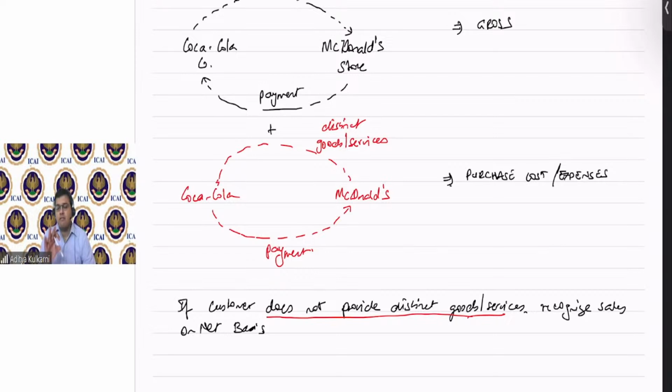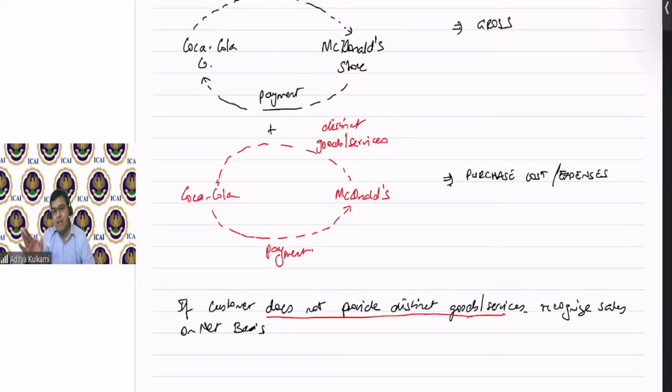So if the placements are not distinct, then the chocolate company or Coca-Cola will recognize revenue as 100 gross minus 25 expense. It will recognize revenue at 75.